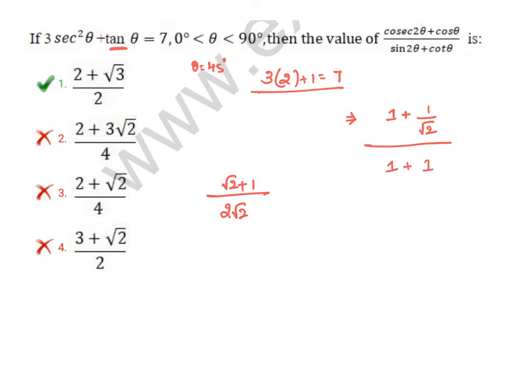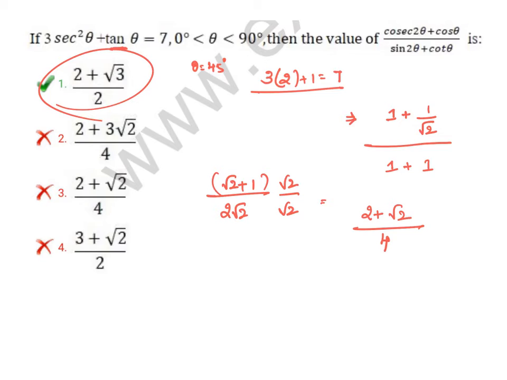Multiply it with root 2 and root 2, numerator and denominator. It becomes 2 plus root 2 by 4. So the answer is not 2 plus root 3 by 2 as mentioned in this. It is actually 2 plus root 2 by 4 in my view. So let me know if there is any difference. You can comment it in the comment section.